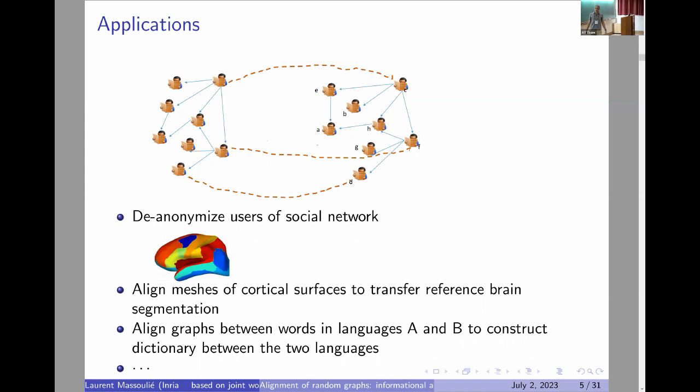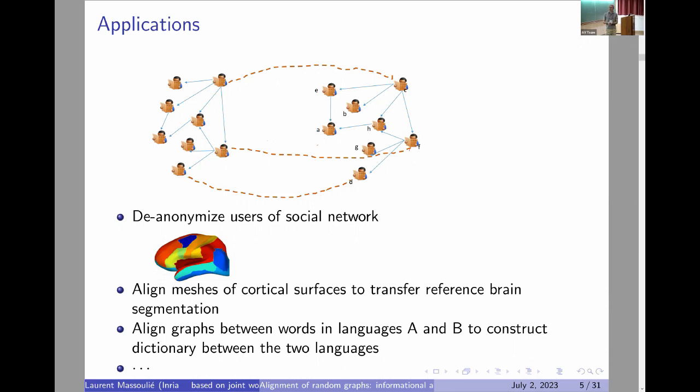And now, if you do an alignment of these two graphs, then maybe what you get is a poor man's bilingual dictionary, allowing you to go back and forth between the two languages. So I think for French, English, Hindi, English, this will not produce a state-of-the-art dictionary, but maybe in some languages for which you have less material, you don't have the reference dictionary already available, then this could be an approach to at least grasp some structure of a language you don't quite know. Okay, so many applications.